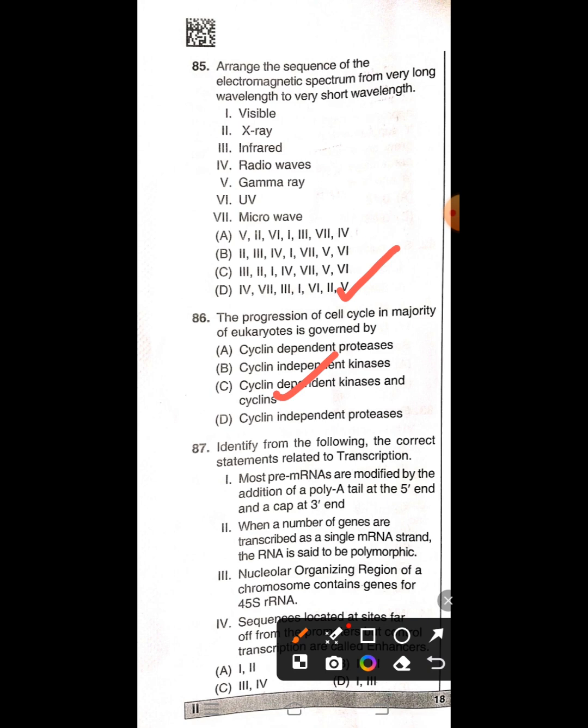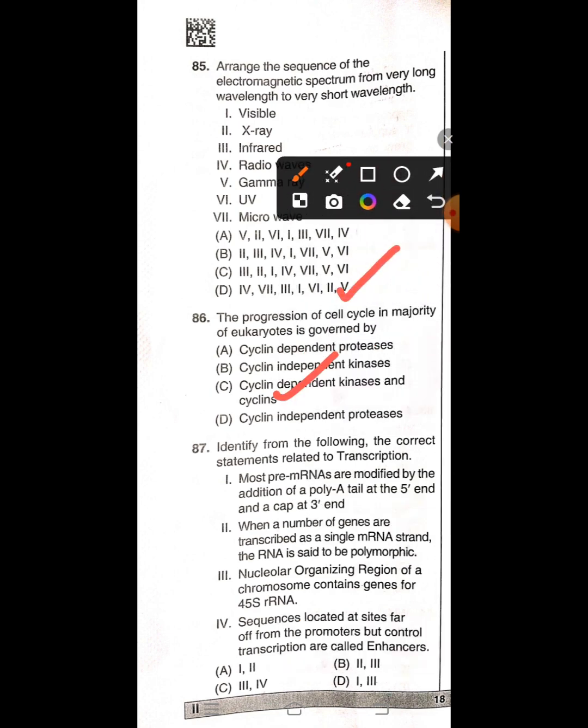So next question. Identify from the following the correct statements related to transcription. About transcription you have to pick the correct statements among these. Most pre-mRNAs are modified by the addition of a poly A tail at the 5' end and a cap at the 3' end.